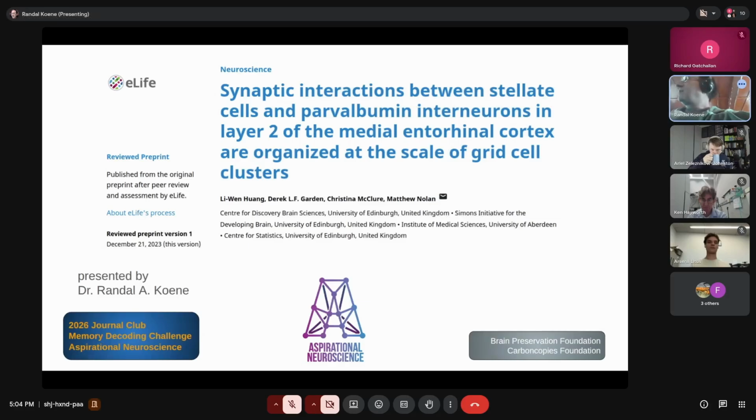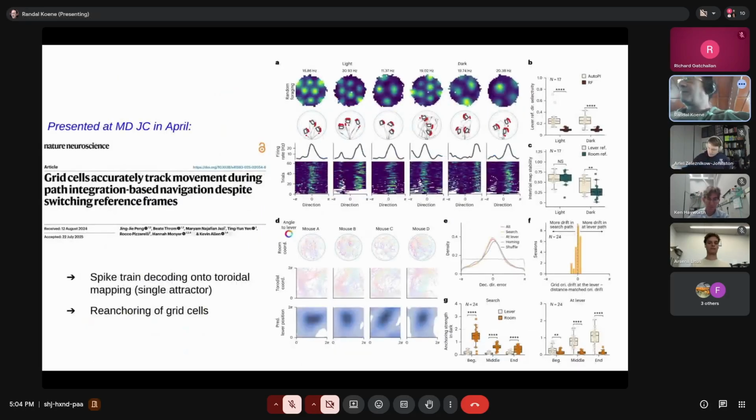And just a quick look back at what we did, not last time, but back in April. That time I presented the paper, "Grid Cells Accurately Track Movement During Path Integration-Based Navigation Despite Switching Reference Frames." In this paper, there were two very important insights.